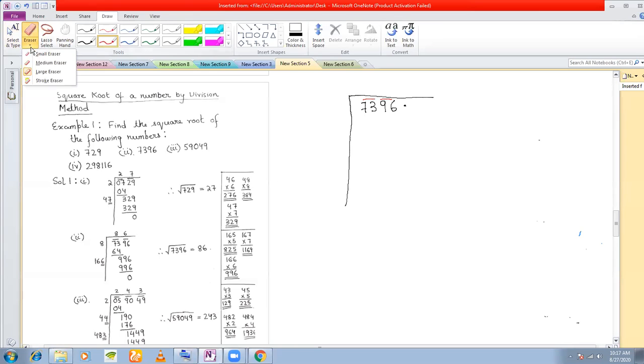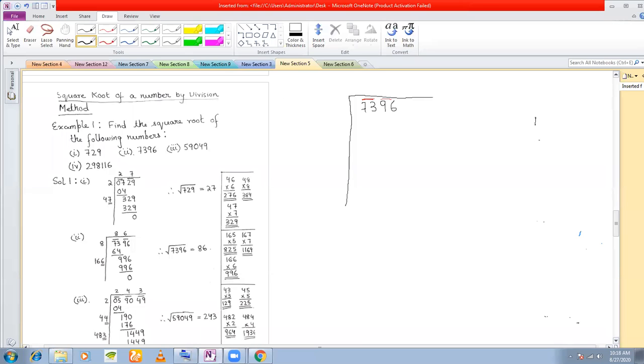Now, 73 we have. We look at the first pair, this 73. In this pair, which square number is the closest to 73?